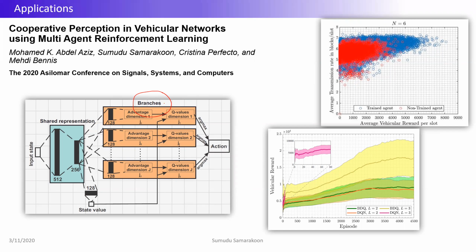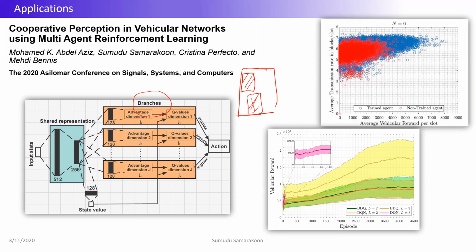Therefore, this branching approach allows the reinforcement learning agents to focus on certain branches. If you consider a Q table, branching allows vehicles to focus on certain areas and train over these areas instead of focusing on the entire Q table.